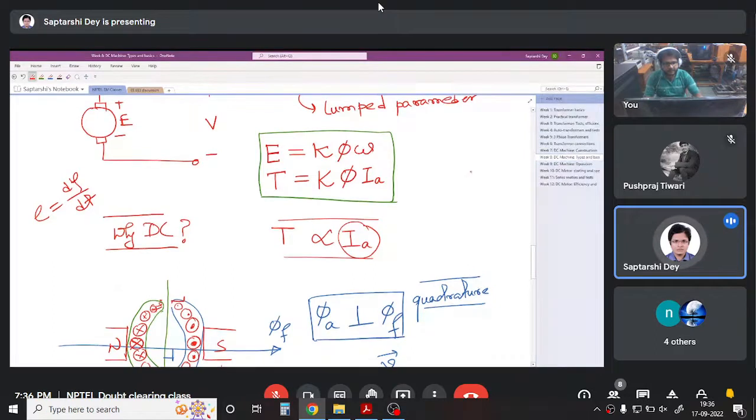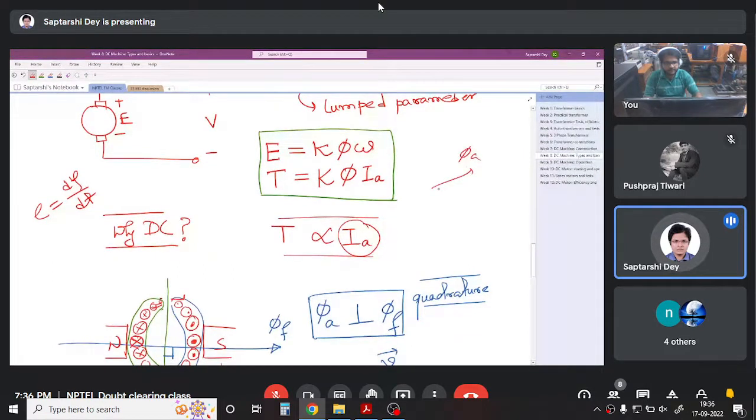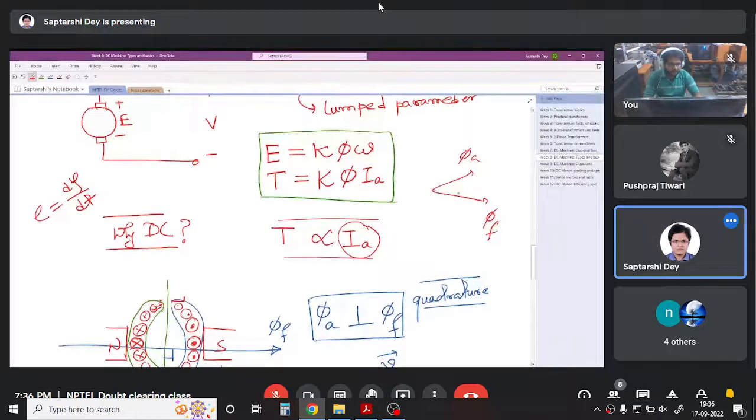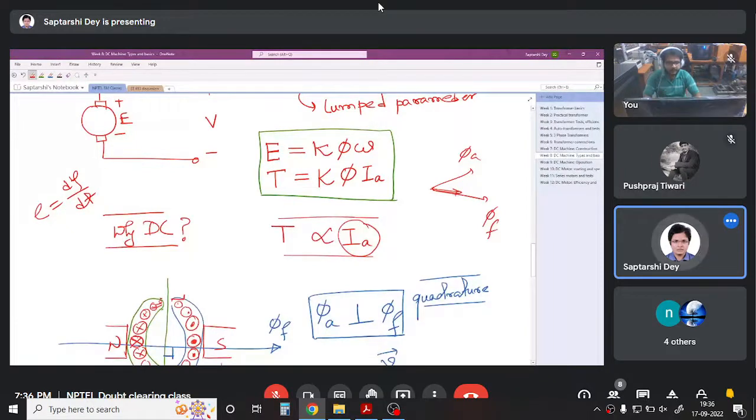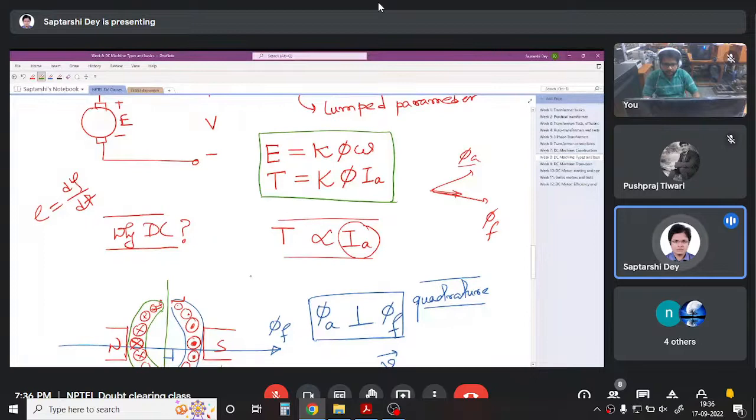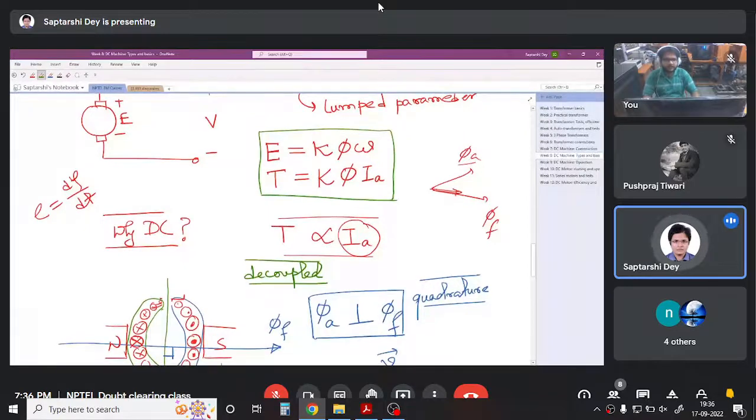Say if the armature flux is here and the field flux is here, phi A has some component towards this, right? So if you vary one, the other one automatically changes. So in induction machine, first of all, the control is not decoupled. We say in DC machine, the torque control is decoupled. It is linear. In induction machine, they are not decoupled.